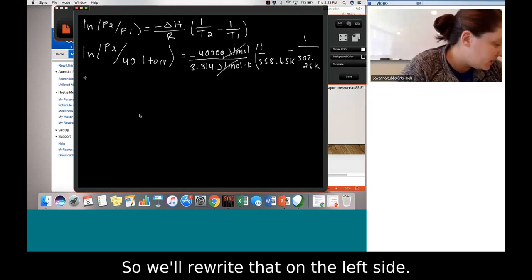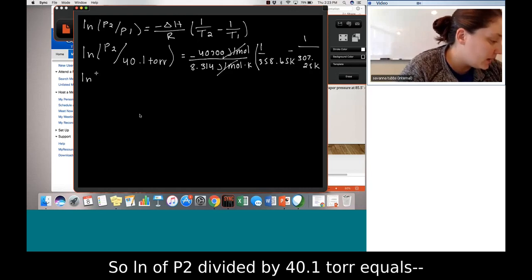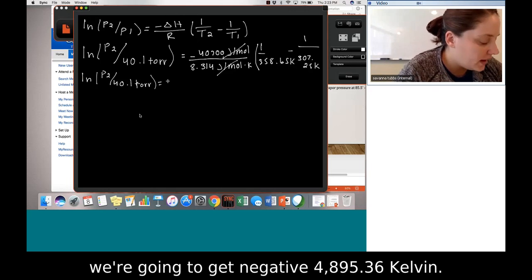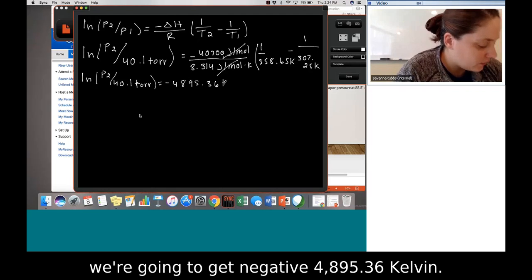We'll rewrite the left side: ln of P2 divided by 40.1 torr equals, when you plug in negative 40,700 divided by 8.314, we're going to get negative 4,895.36 Kelvin.